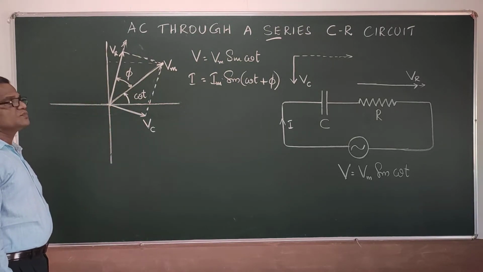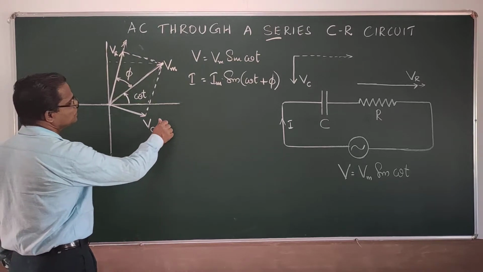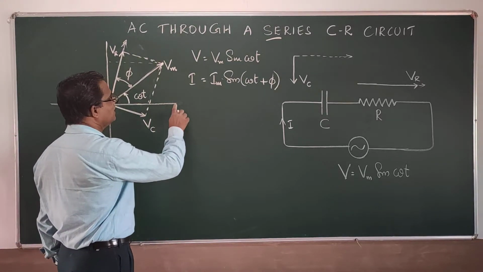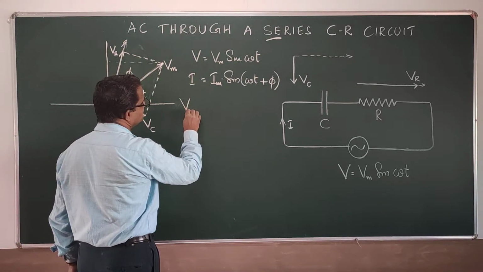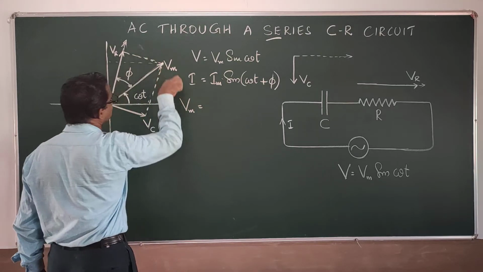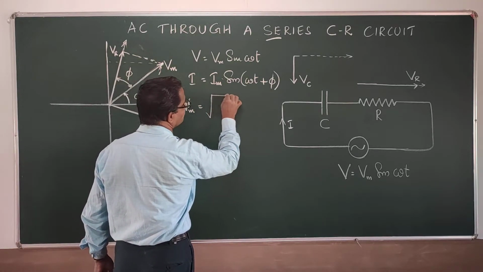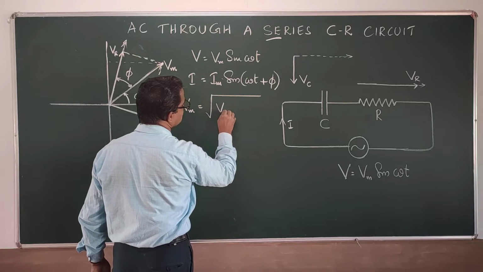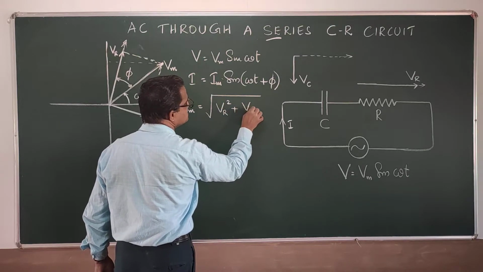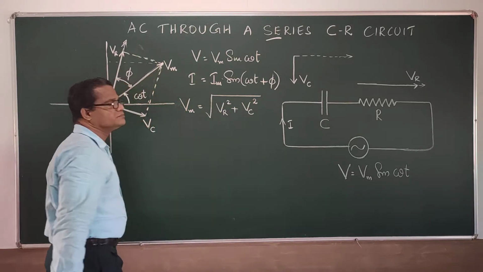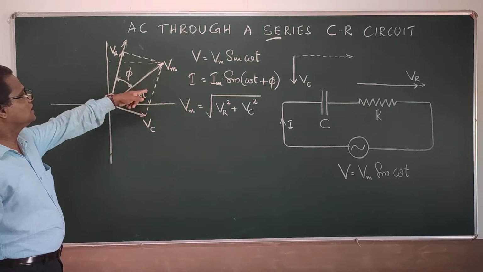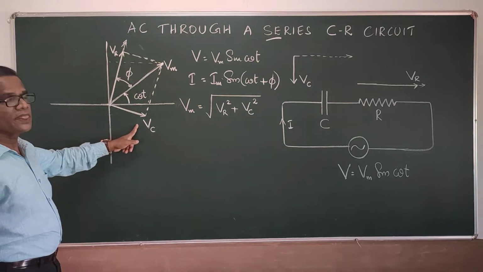Next is to get the other factors, and the value of Vm from this will be equal to square root of Vr square plus Vc square, from this phasor diagram, the resultant of Vr and Vc.